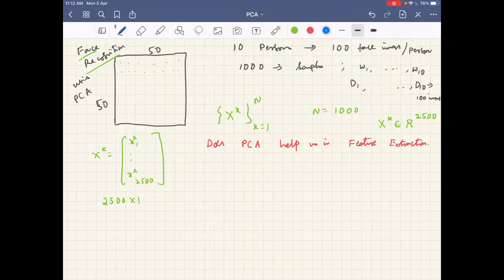Eigenvalues? What should we find first? Covariance matrix. Yeah, first we should find the covariance matrix. Eigenvalues fine, eigenvectors fine, but you should start from here. k equal to 1 to where? 1000. 1 to 1000. Very good.